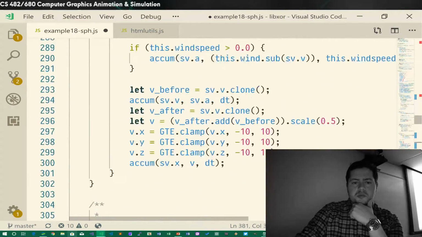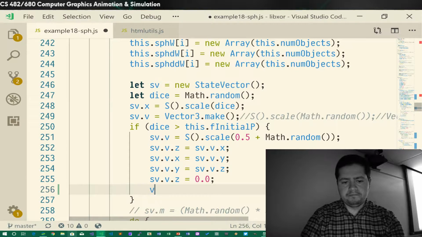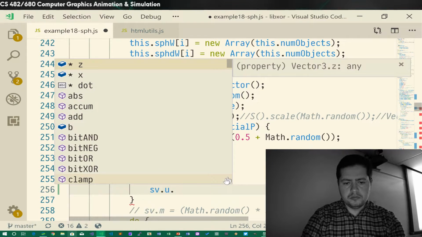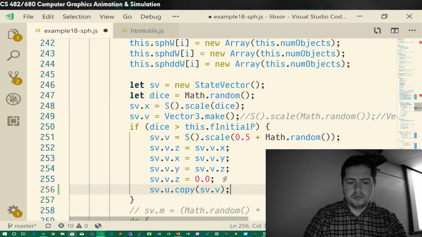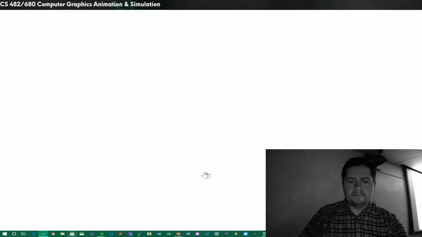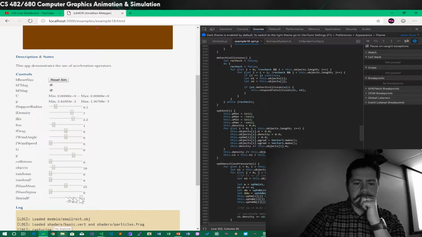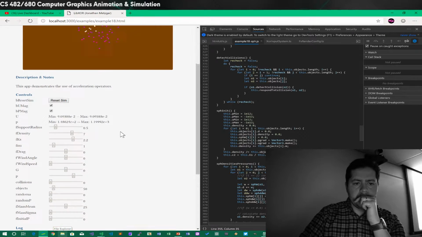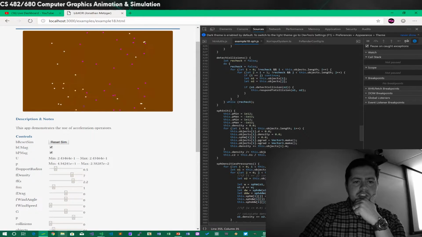When we're doing reset and the initial P, let's just copy the, okay, now this is changing.